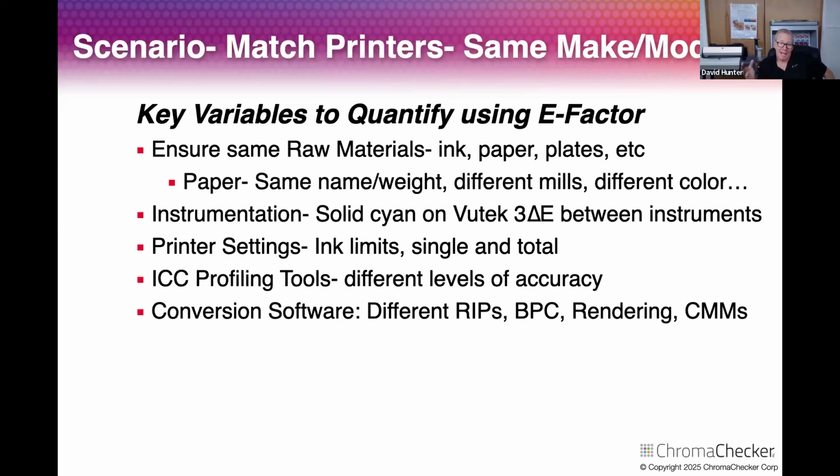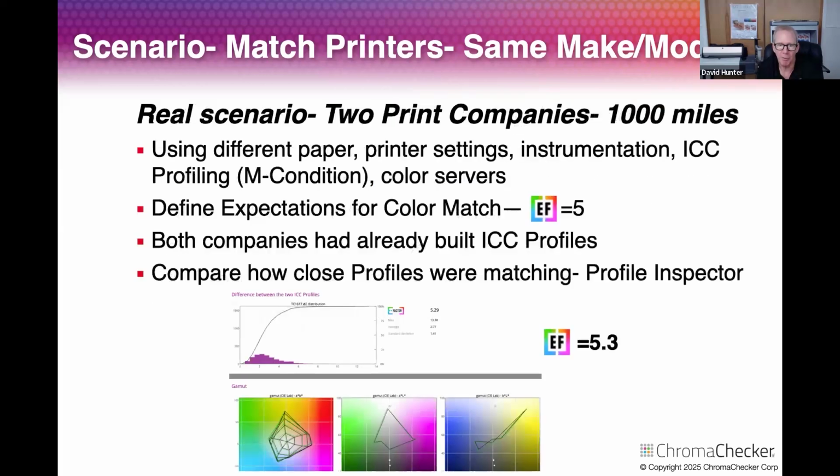Yeah, and we're not going to align the CMMs because the CMM is built into the color server. We just have to hope that the two color servers will be close enough in how they use their CMM, so that if I'm using the same profile, input and output, and the same settings, I get the same results, or results within their expectation. All right, that's the most we can hope for.